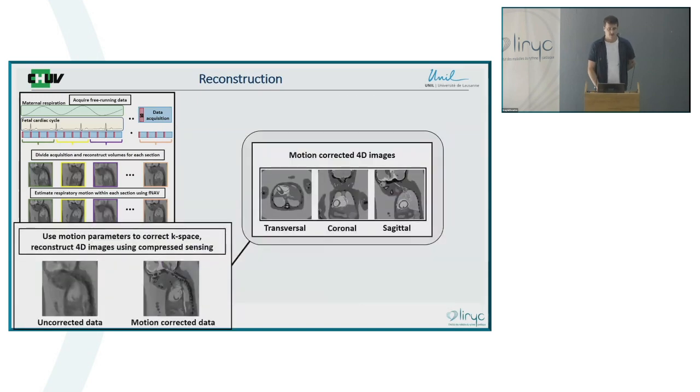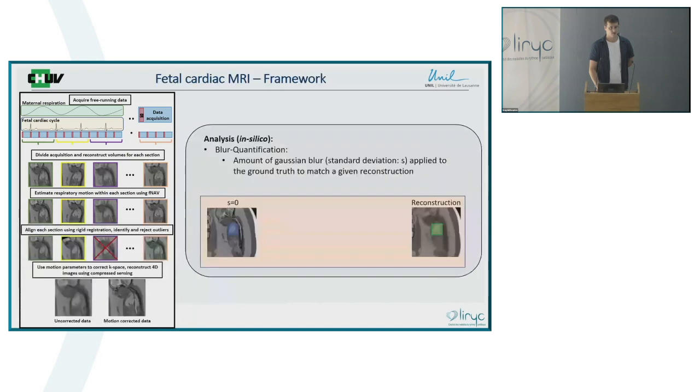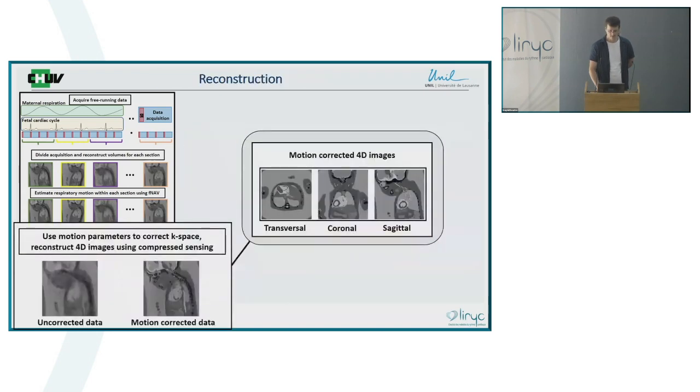With all those motion estimates of the maternal respiratory motion and the fetal bulk motion, we are then able to correct the acquired k-space. And with the fetal cardiac signal, we are able to bin the k-space into 20 cardiac bins. And with the help of compressed sensing, we are able to reconstruct 4D images finally.